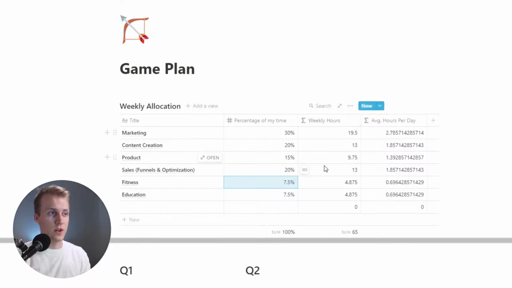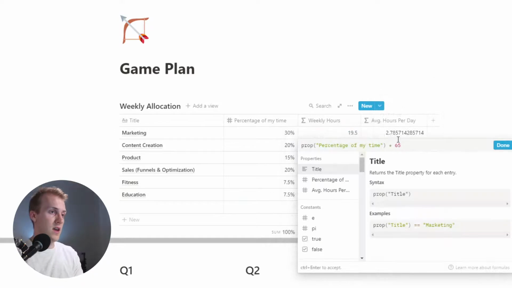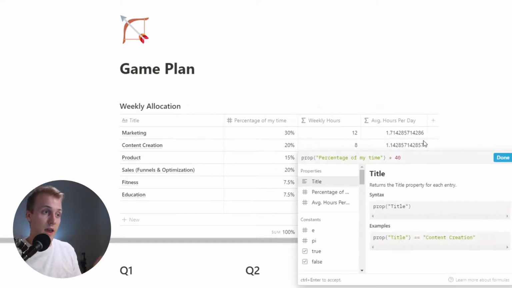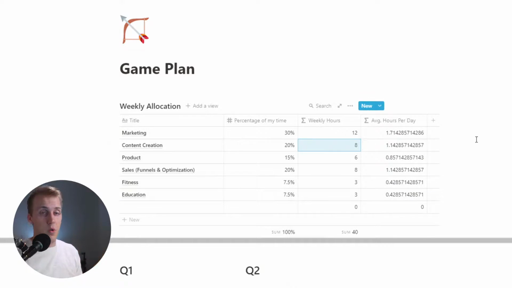So you can change and adjust this and say, hey, I actually have 70 hours a week I want to dedicate to all this, or I have 40 hours a week I want to dedicate to all this. If you're rocking a 40-hour week, then this will be your outcome. You would say, okay, marketing, you need to spend 12 hours a week on that, 8 hours a week on this, six on this. With 8 hours, that means I need to spend at least one day on it.